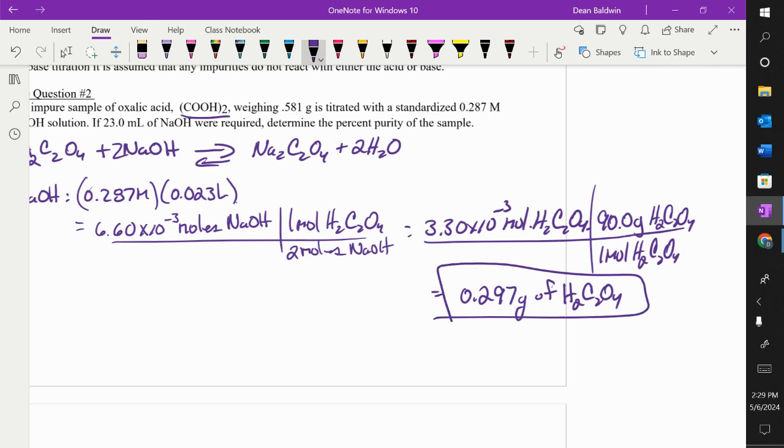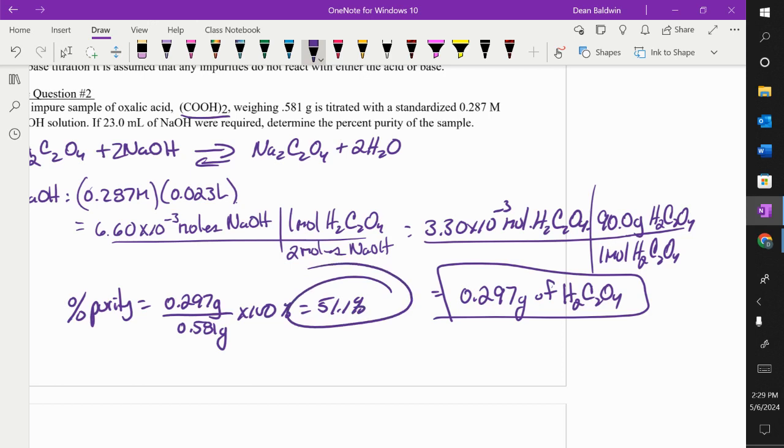The original sample weighed 0.581. So how do I figure out the percent purity of it? There you go. You just divide them. Times 100 gives you about 51.1%. Not very pure. It's half, well, depending.